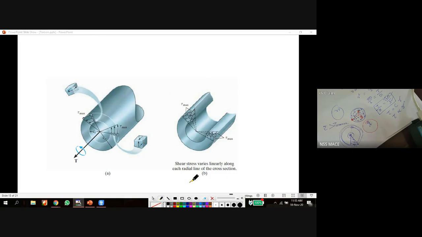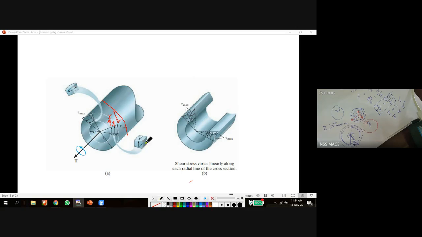So if you take an element, there will be 4 shear stress values. One is along this plane. If you take another cross section on the opposite side of this element, a downward shear stress will be developed, and a complementary shear stress develops in the horizontal direction on the top and the bottom of the element.